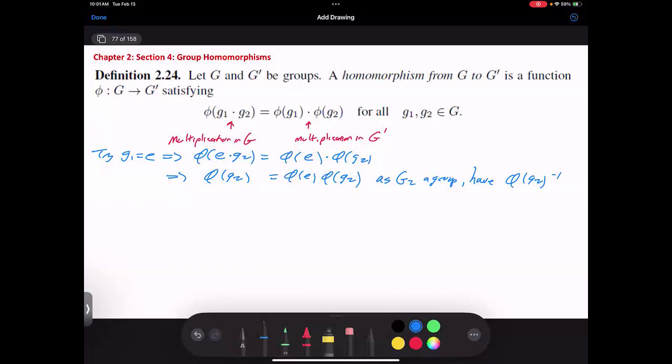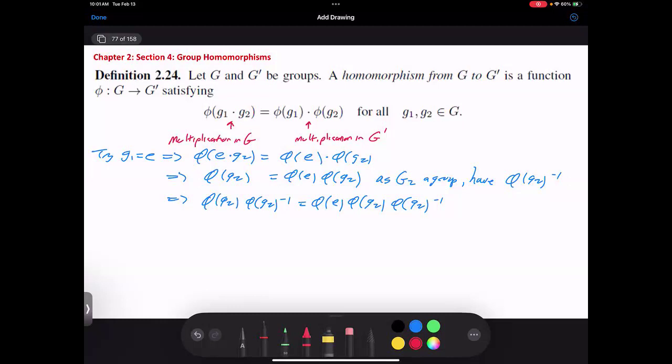So I multiply on the right, and that gives me phi of G2, phi of G2 inverse is phi of E, phi of G2, phi of G2 inverse. I'm just being extremely careful in going through all the steps. Within a week, we're probably not going to be this careful. We'll just say, and of course, from this, we can then deduce that phi of E is the identity. This is how you would put in all the steps.